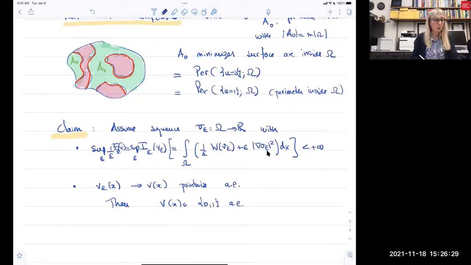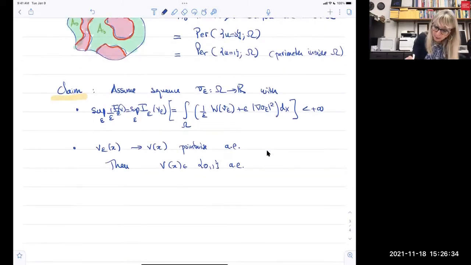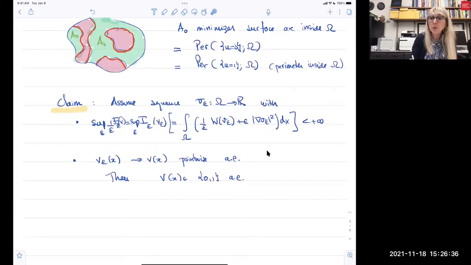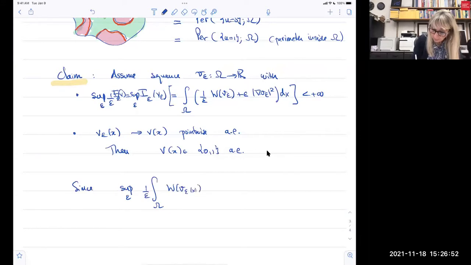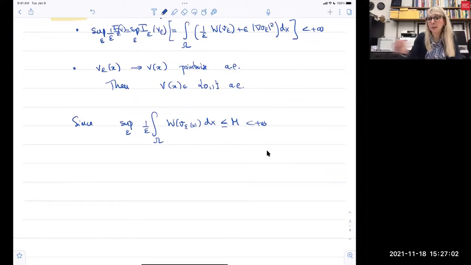Okay, so why is that? Actually, to prove this, I don't need to use the whole energy. I'm just going to use this bit here, right? So I know that this is finite. So in particular, multiply by epsilon, let epsilon go to 0.